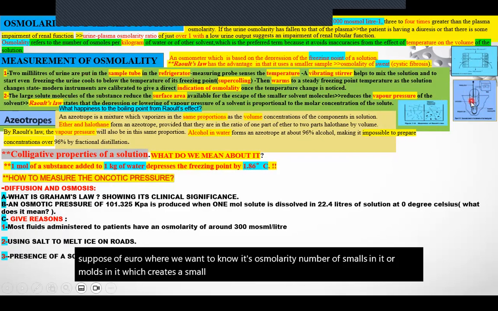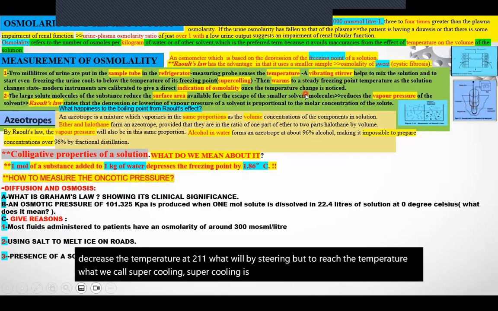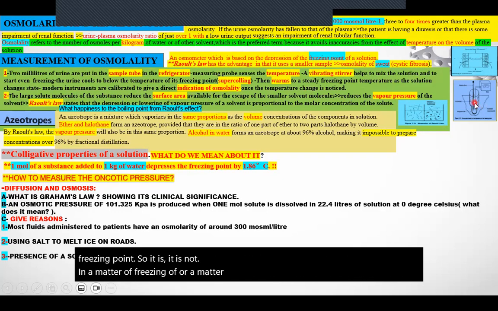Of course, we decrease this temperature by stirring to reach what we call supercooling. Supercooling is a state where the solution is beyond the freezing point, but it is not yet freezing.